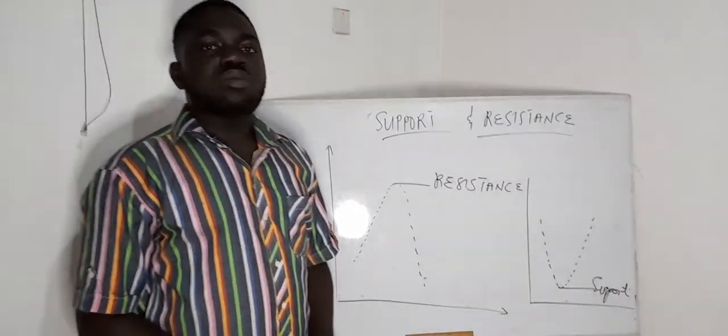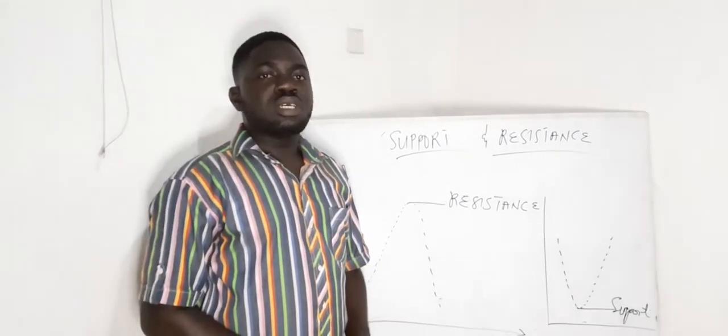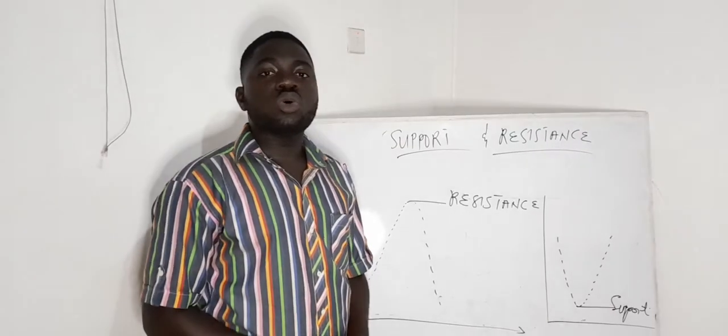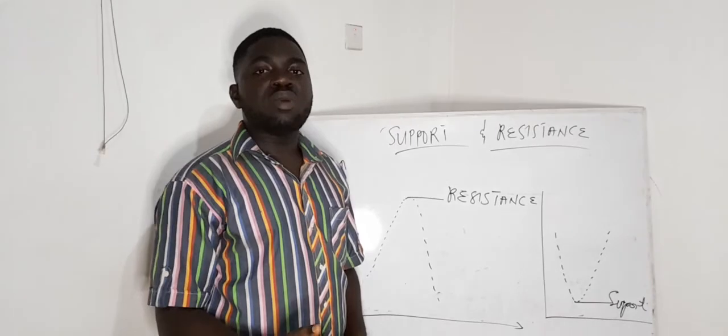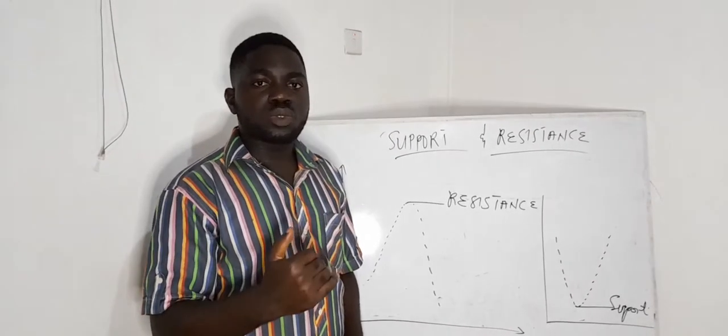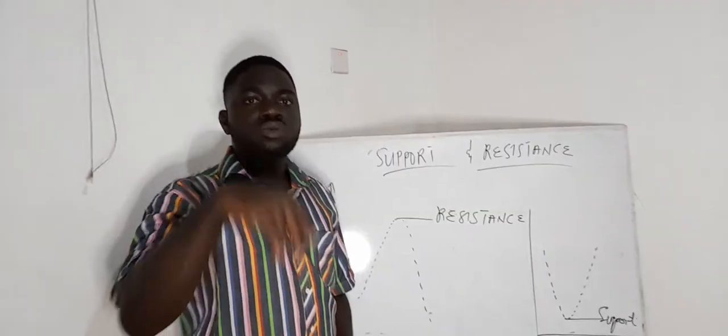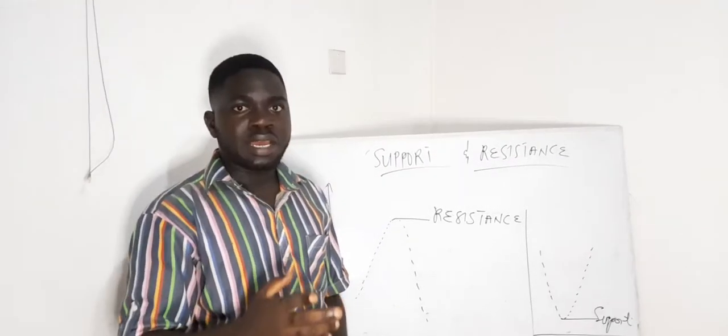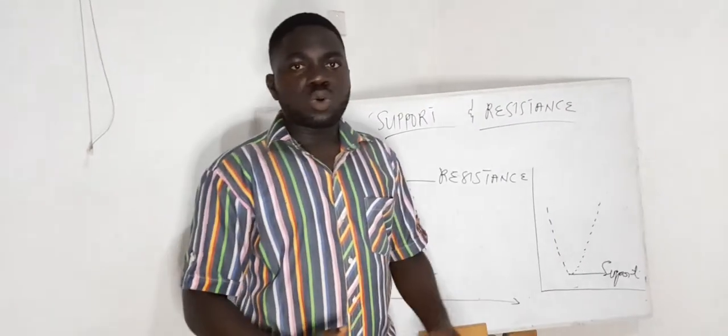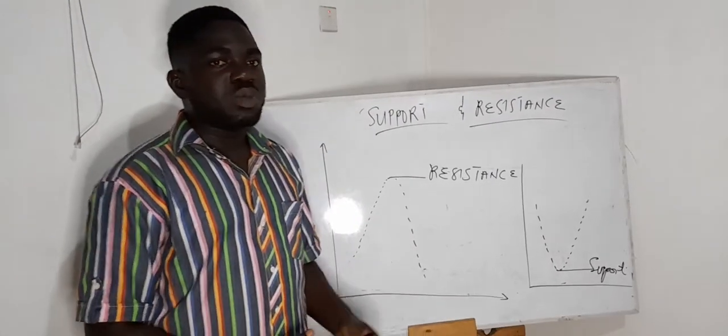This is established as support. Now the definition of support is also a price level in the market that stalls or stops to make a turnaround to the upside. Alright guys, so basically the support and resistance definition is basically that.